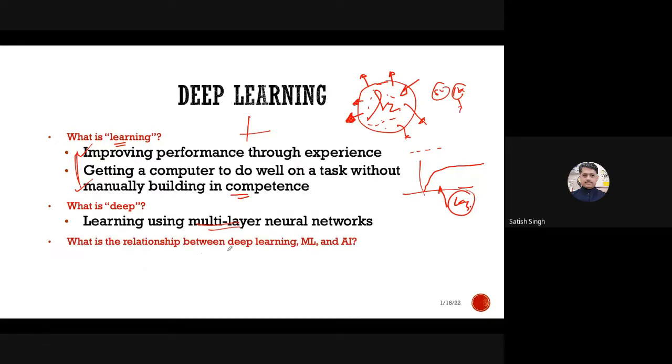So what is the relationship between deep learning, ML and AI? You might have gone through this diagram. AI is treated like this, ML is treated like this, and DL is treated like this. Now emotionally intelligent cognitive machines, deep learning architectures will be the future.